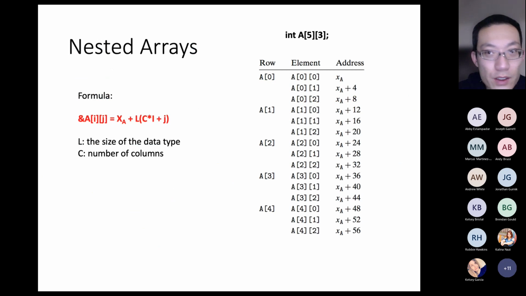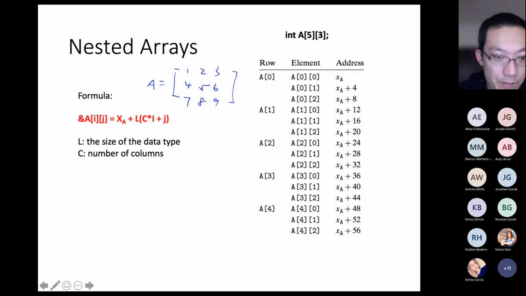And also we continued to talk about nested arrays. A nested array is something like this: 1, 2, 3, 4, 5, 6, 7, 8, 9. This is a matrix. For the matrix, we need to use one-dimensional memory to store a two-dimensional data structure.